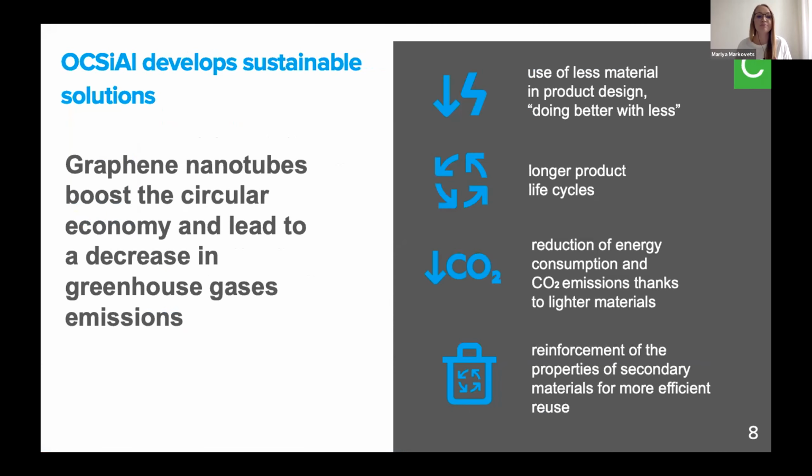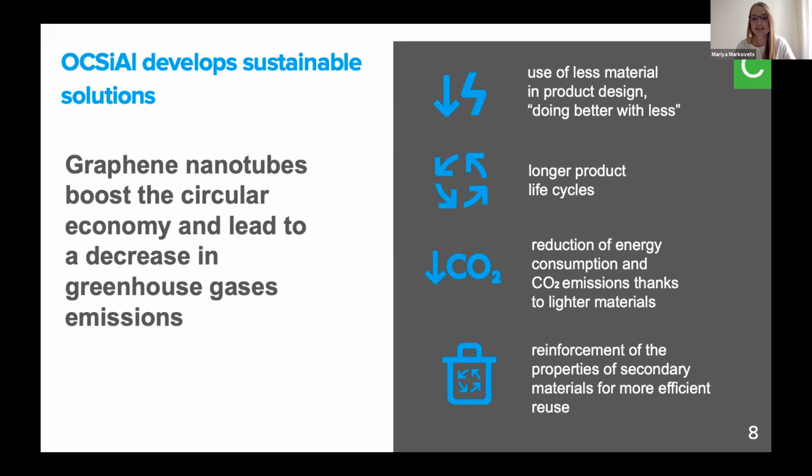It is also important that OCSiAl is based on the idea of sustainable solutions that permit people to use the innovative technologies without damaging the planet. Let me explain it. Graphene nanotubes reinforce the properties of most known materials, and as a result, less material is needed to reach the desired characteristics.